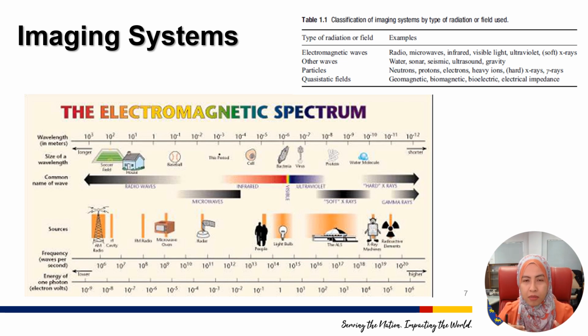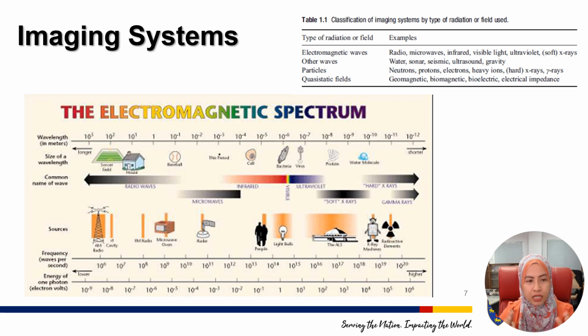The four most important are listed in Table 1.1 here, where electromagnetic waves generate certain types of images, and ultrasound, which travels through water, and other waves can also produce an image.